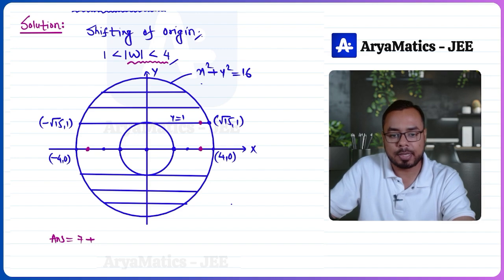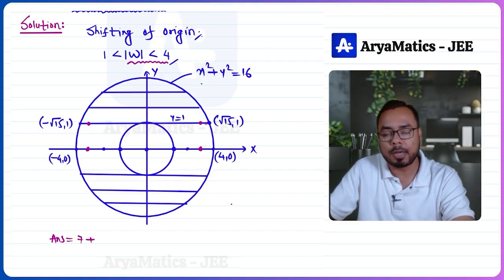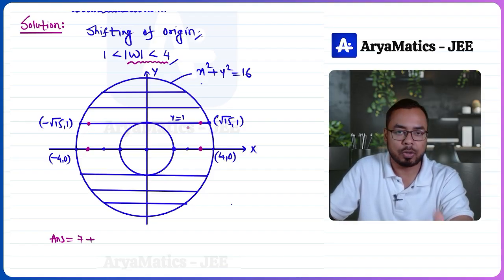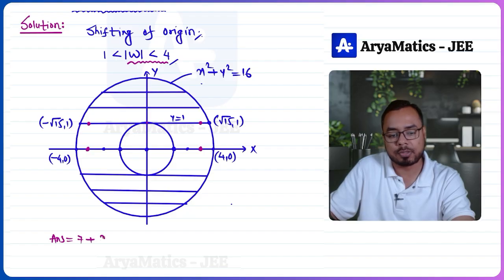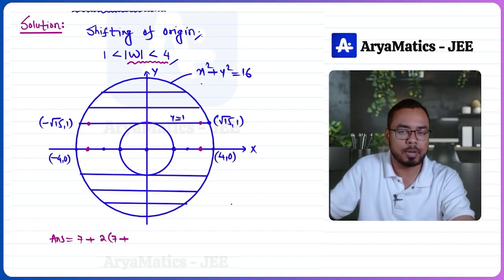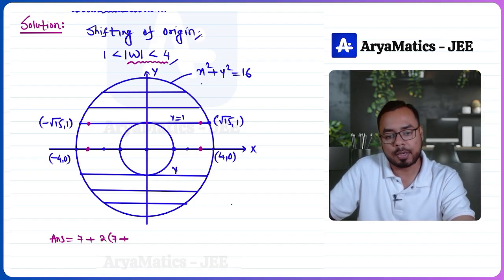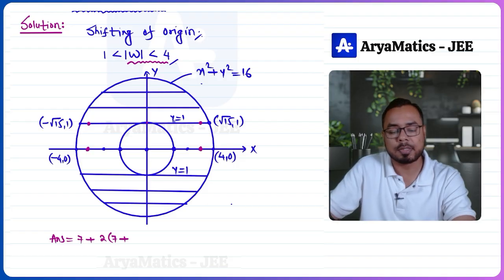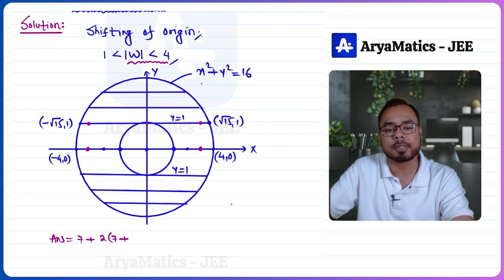So that means (3, 1) will be inside the circle, and (-3, 1) is also inside the circle. So from -3 up to +3, including the point (0, 1), in total you have 7 points. And the same number of points on the y = -1 line, another 7 points, because the curves are symmetric about the x-axis.